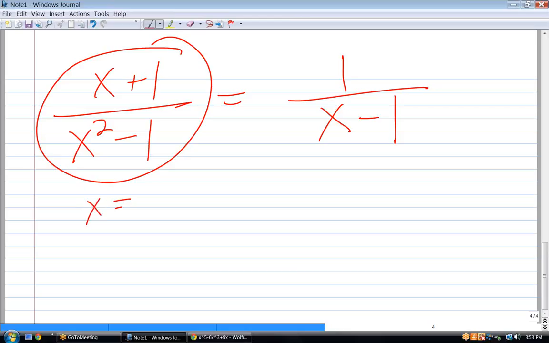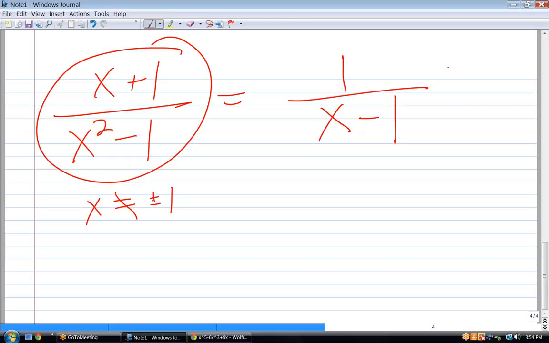What can x not be? X can't be plus or minus 1. Okay? So that domain has to apply throughout.